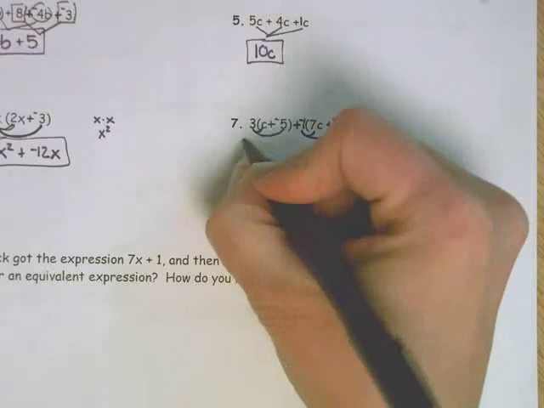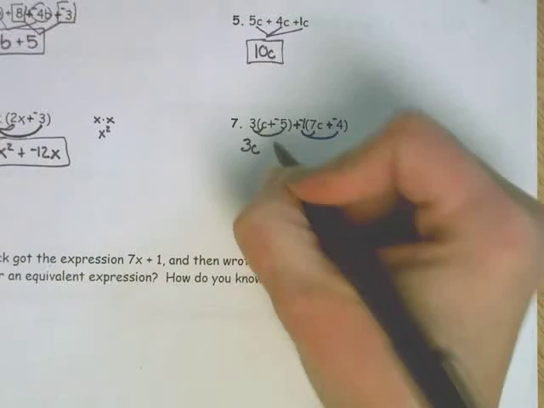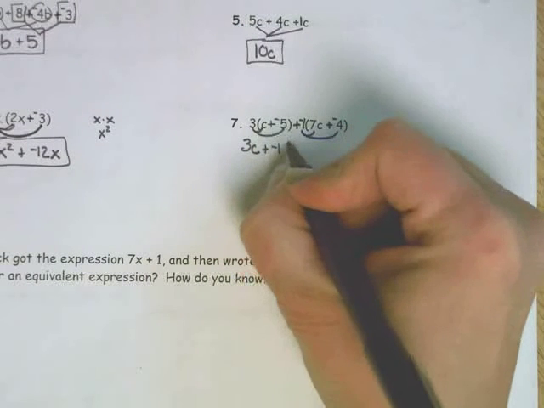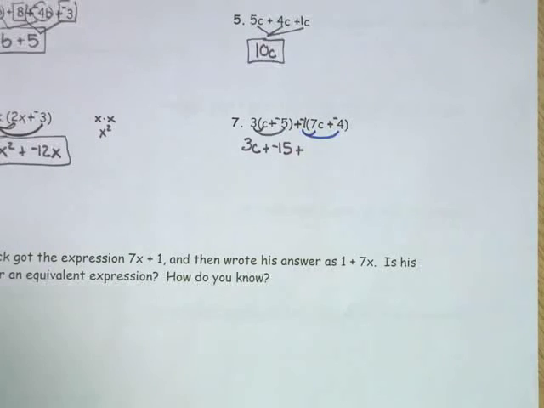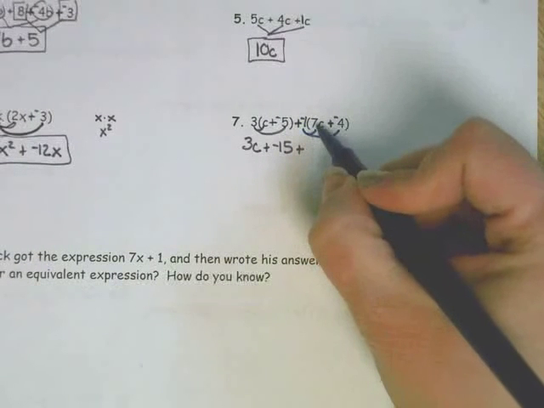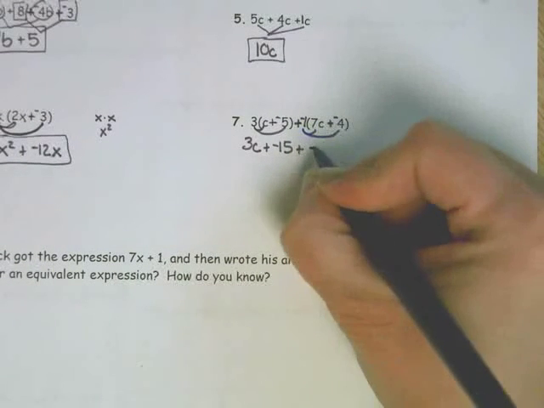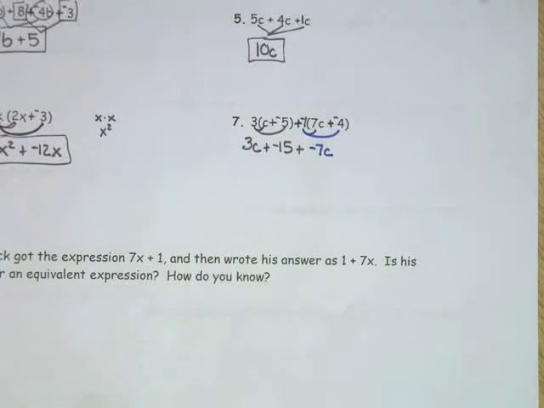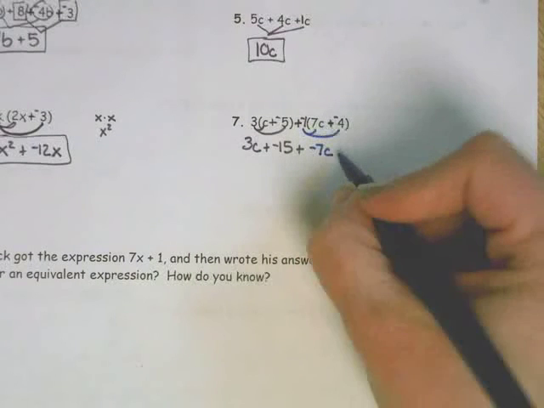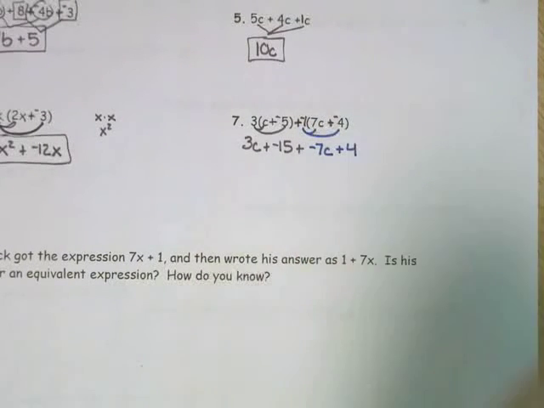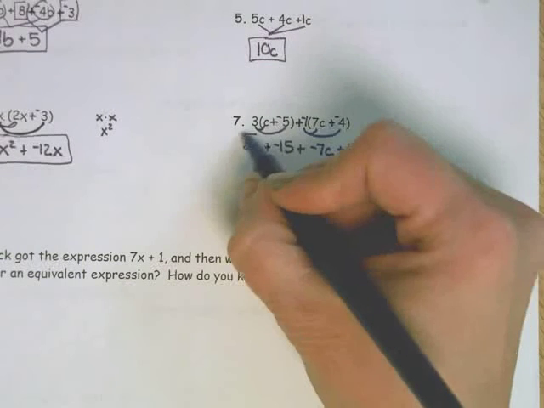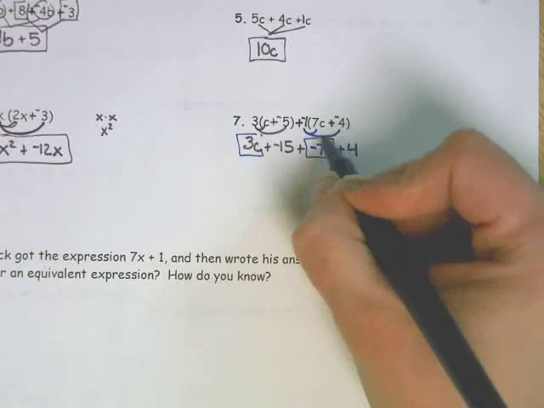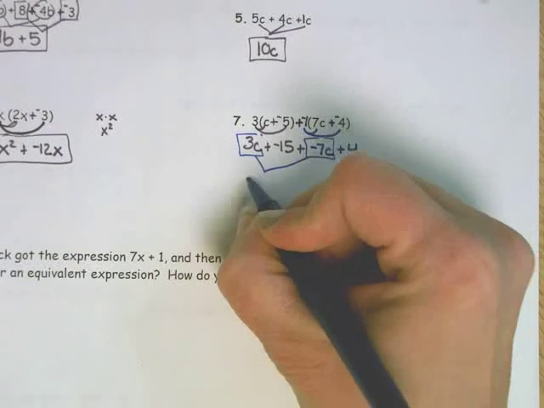3 times c, 3c, plus 3 times negative 5 is negative 15, plus, now I'm going to do the other distributive property. Negative 1 times 7c is negative 7c, and negative 1 times negative 4, negative times a negative becomes a positive. And now that I'm done with all my multiplying, I can add, so I can combine some like terms. 3c plus negative 7c, that goes down into the negatives.